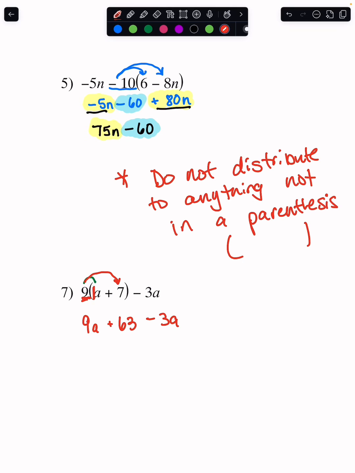So let's go ahead and combine our like terms. So I'm going to go 9a here, and there's another set of a's. Remember, don't forget to include that sign. And then I'm going to go ahead and do 63 in blue. Now I'm going to combine my colors. So my 9a minus my 3a is going to be 6a.